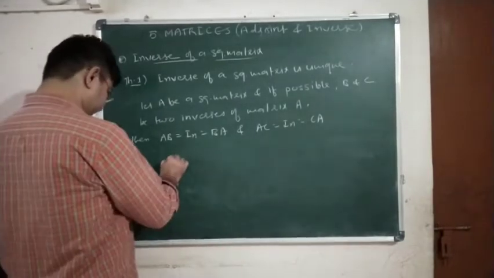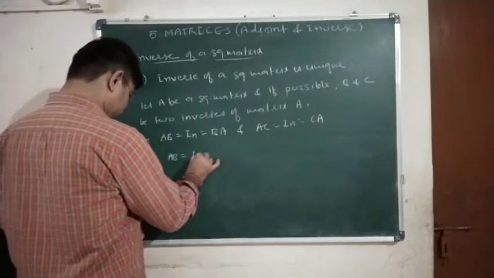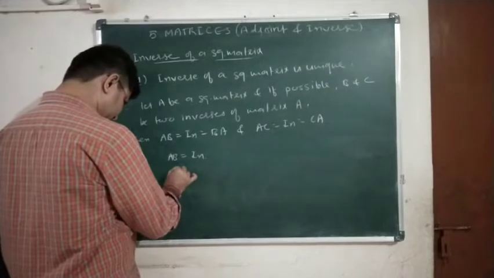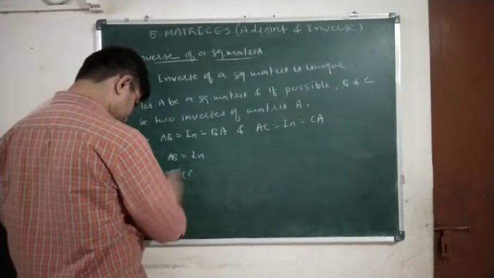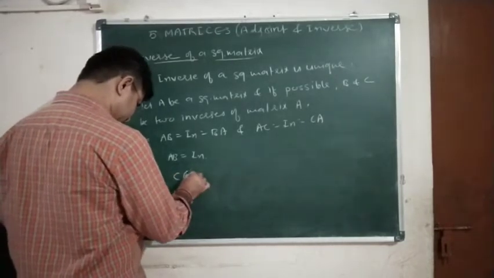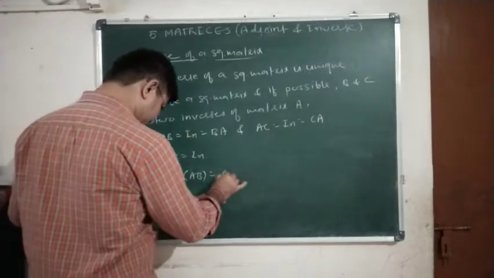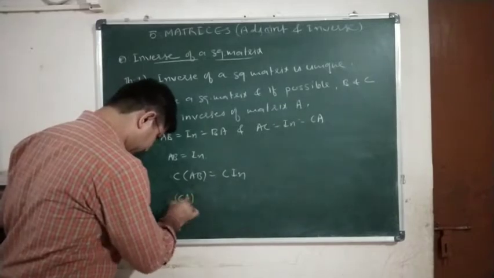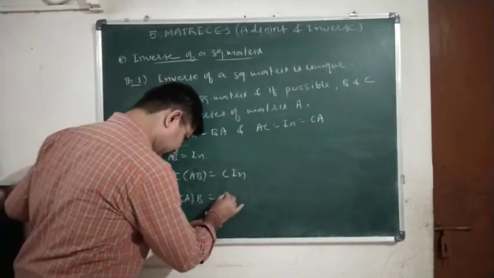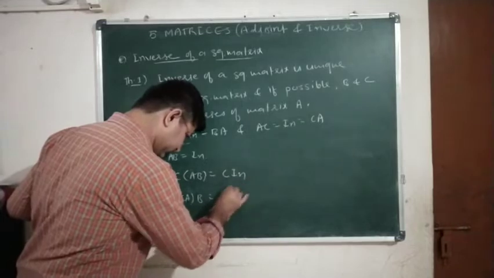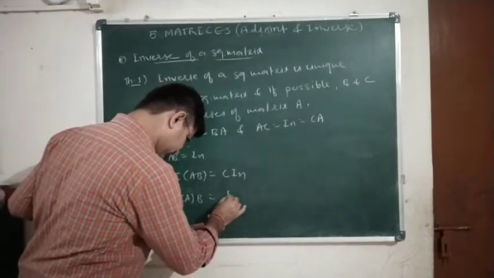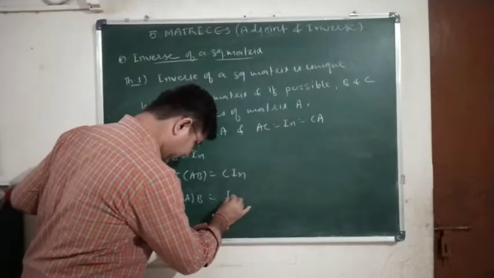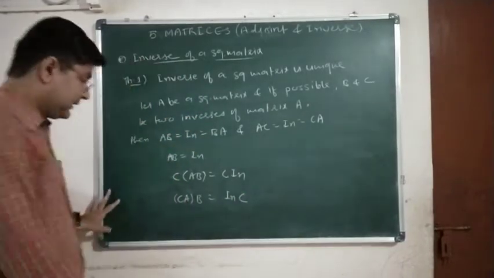Now let us begin with AB is equal to In. I will pre-multiply matrix C on both sides. Using the associative property, C into In is equal to In into C, which will remain the same only.